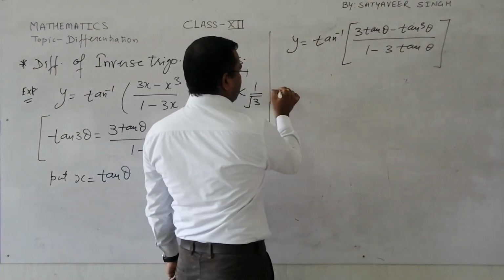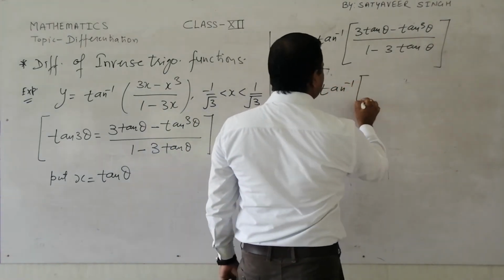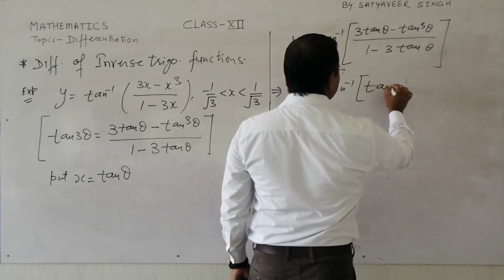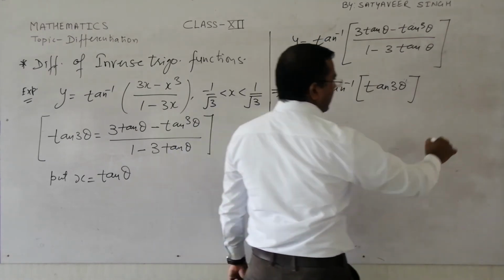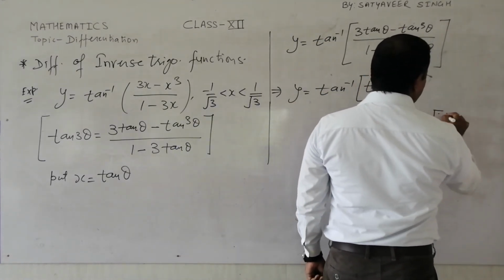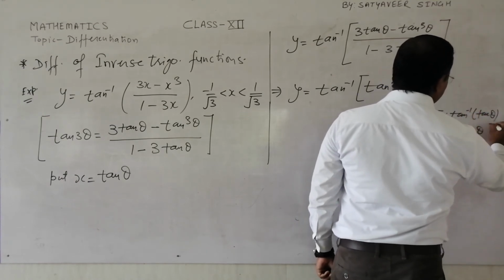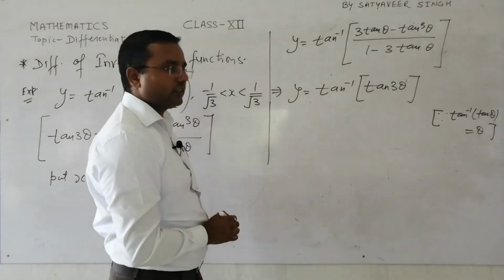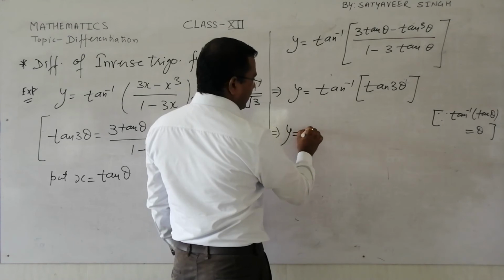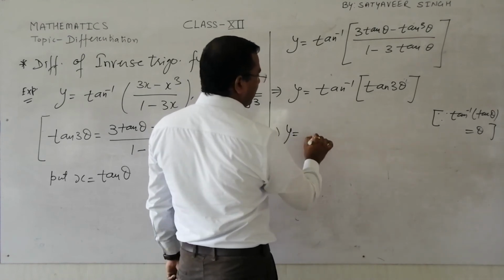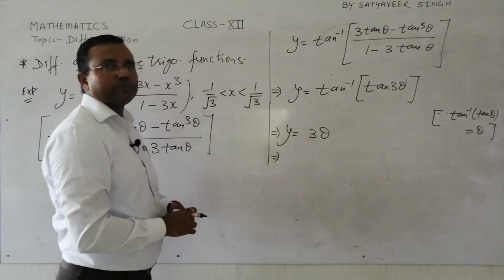Further we can write y is equal to tan inverse tan 3 theta, because we know that tan inverse tan theta is equal to theta, if you recall the results of the inverse trigonometric chapters. So y is equal to 3 theta.